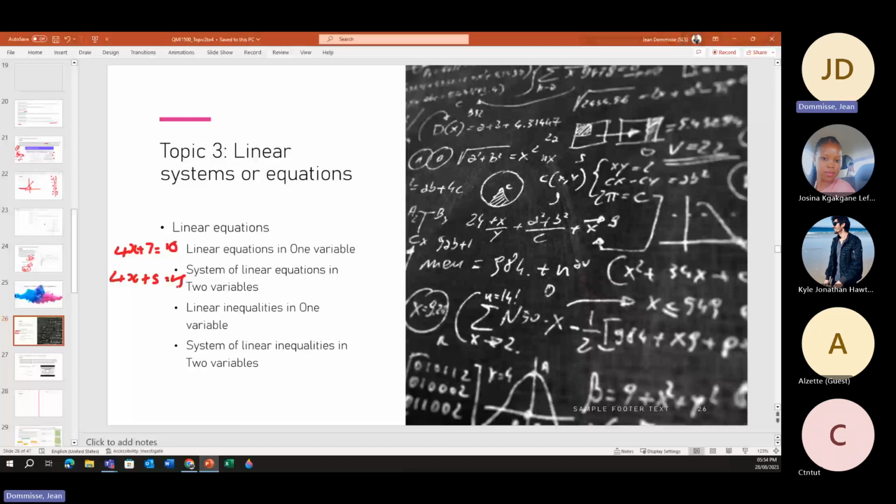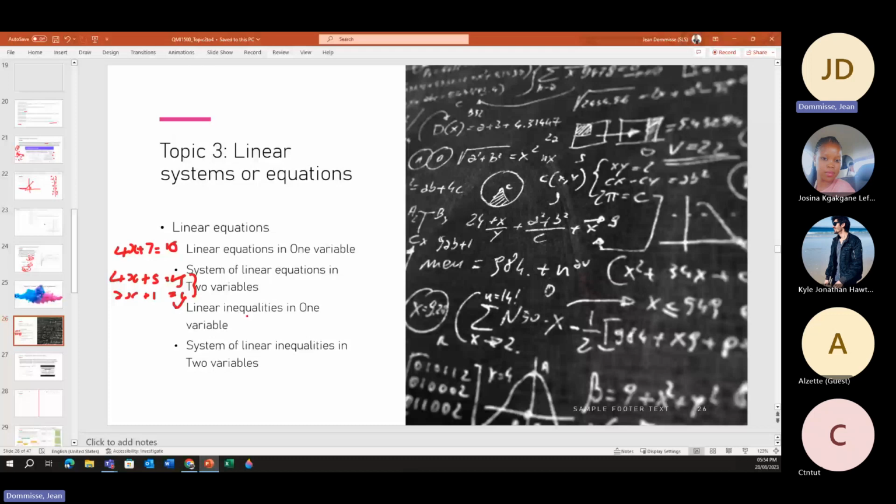Then the other two that we get is inequality. So then just again, your linear inequality, only difference is instead of being equal to, we will see that it will be something like a bigger than or smaller than.